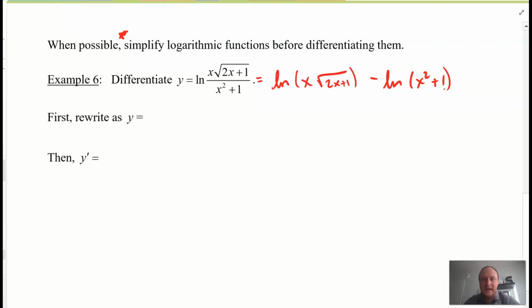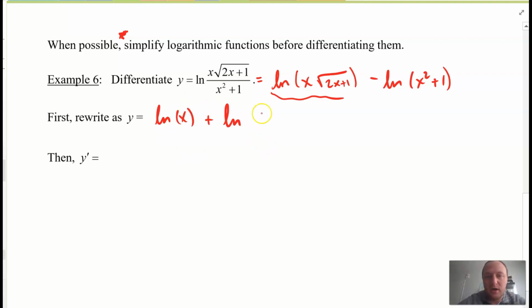Now I'm going to go ahead and expand my first term also, right? I'm multiplying, so I can expand those as addition. So this is the natural log of x. You can use parentheses if you want, you don't have to.